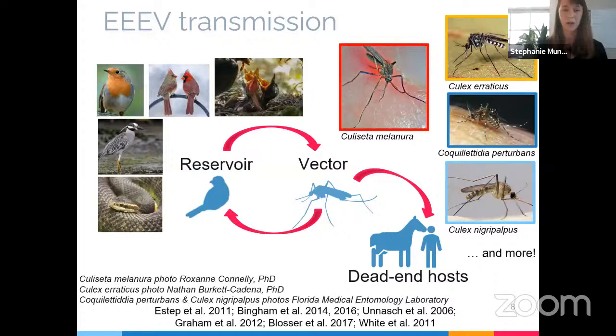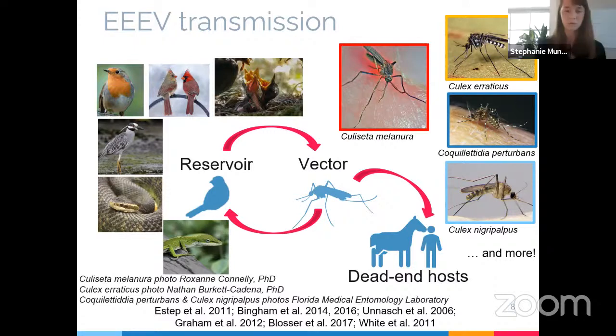For example, cottonmouth snakes have been shown to be competent hosts, and they also sustain viremia for longer, even when they go into hibernation and out of hibernation. So they may play a really important role in the overwintering process of the cycle.